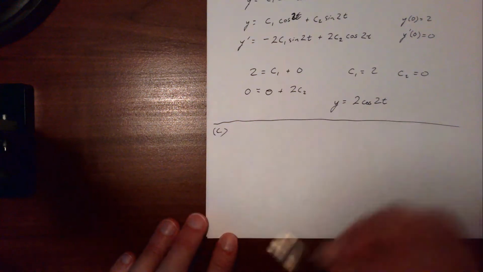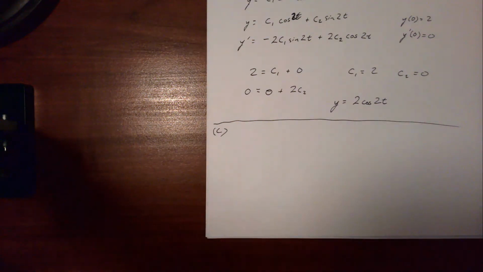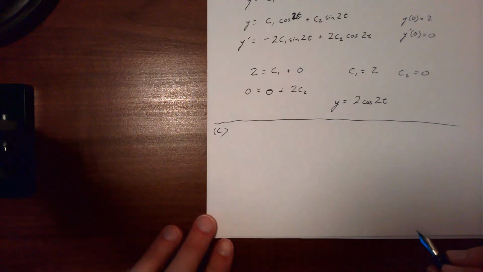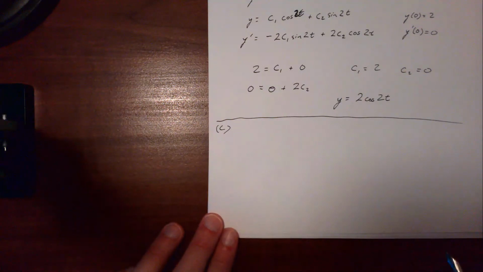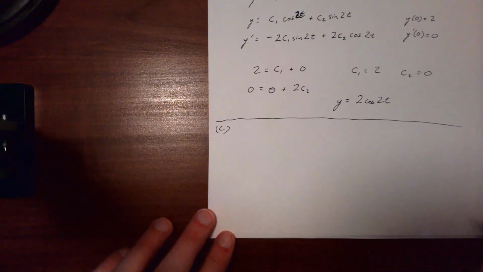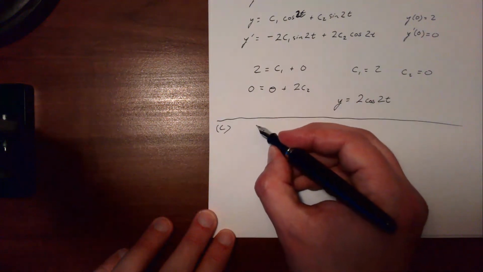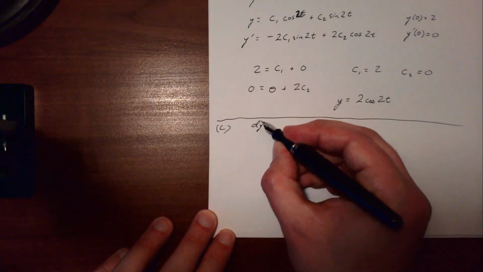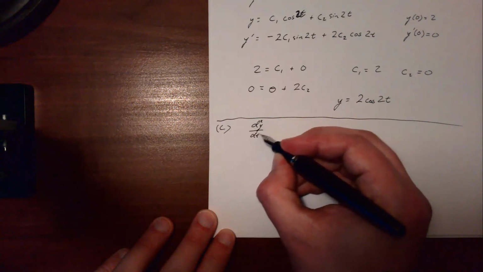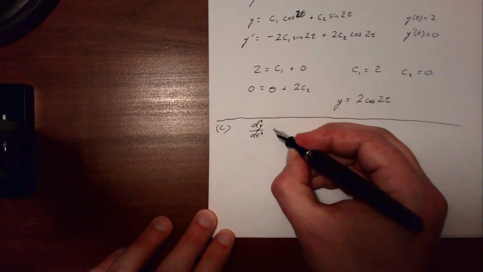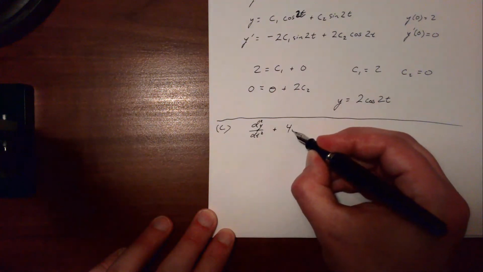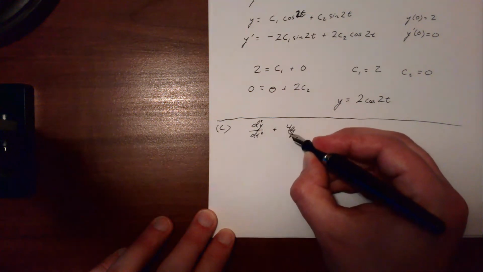Alright, so we've seen now a case of two distinct real solutions, two distinct complex solutions, in this case actually purely imaginary solutions. So this would correspond, by the way, to just a stable center from the language of our earlier investigations. But now let's look at the third case. That'll be d squared y over dt squared plus 4 dy dt.